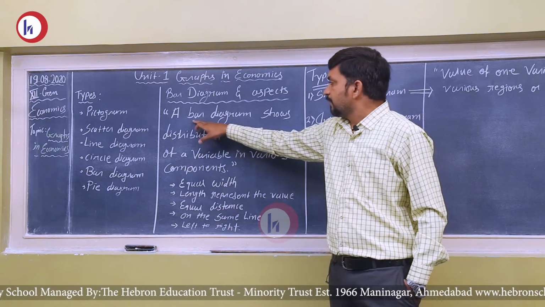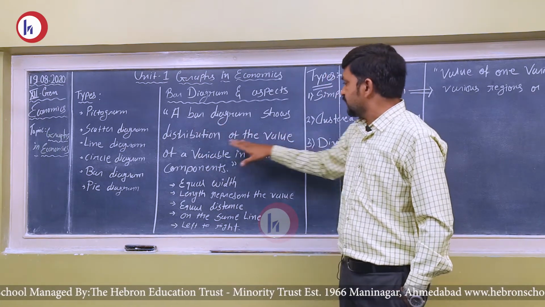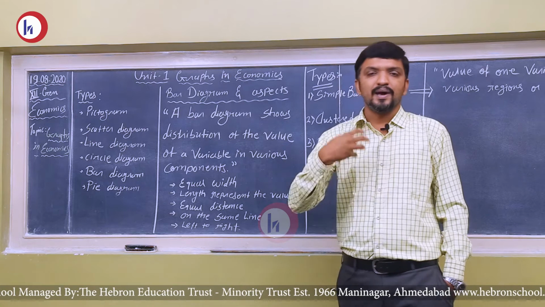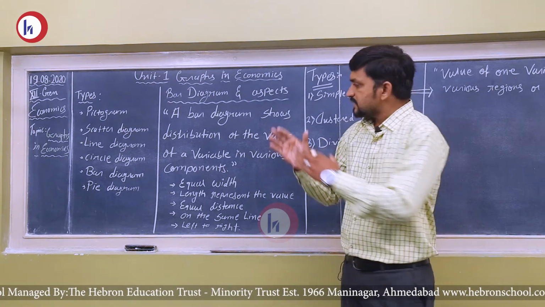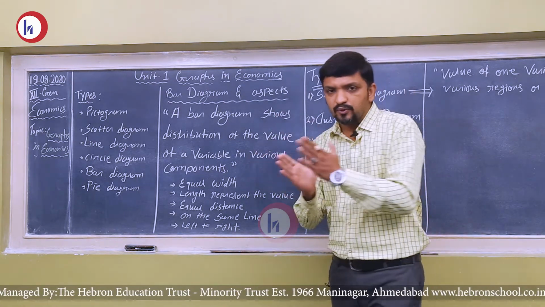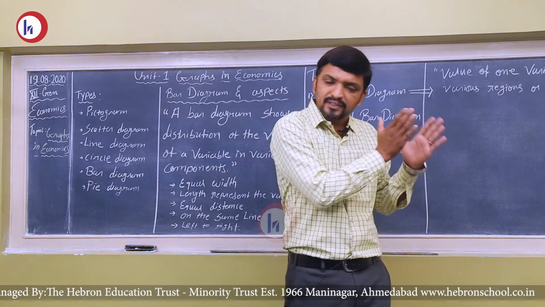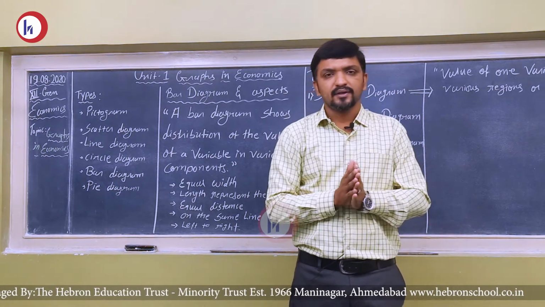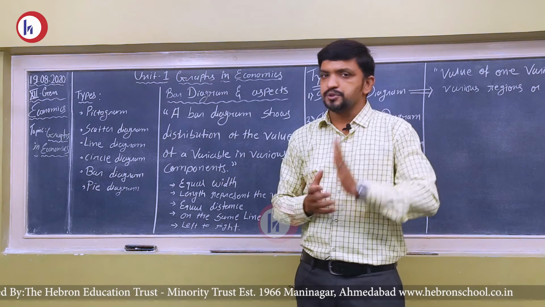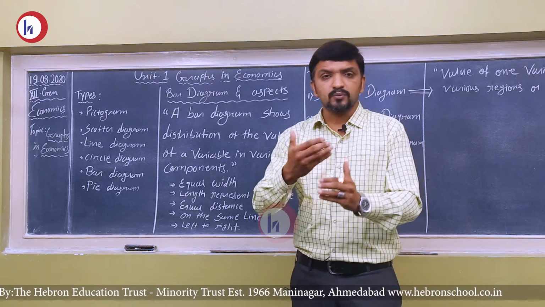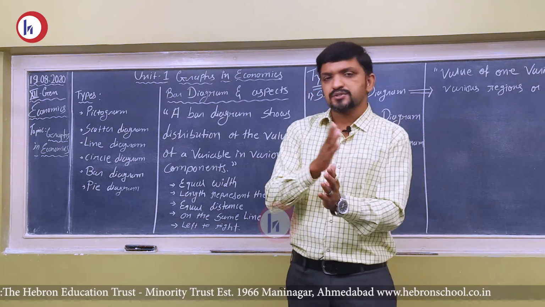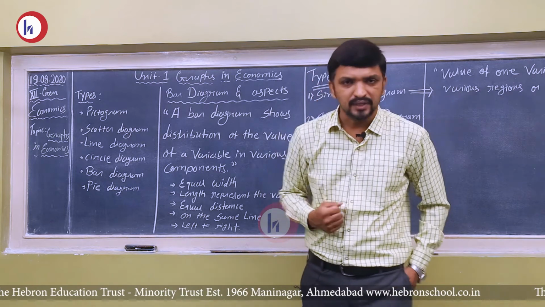A bar diagram shows a distribution of the value. The same definition we are going to see in case of other types of bar diagram, but only a word we need to change. What word is to be replaced or where it is to be added, I'll let you know afterwards.